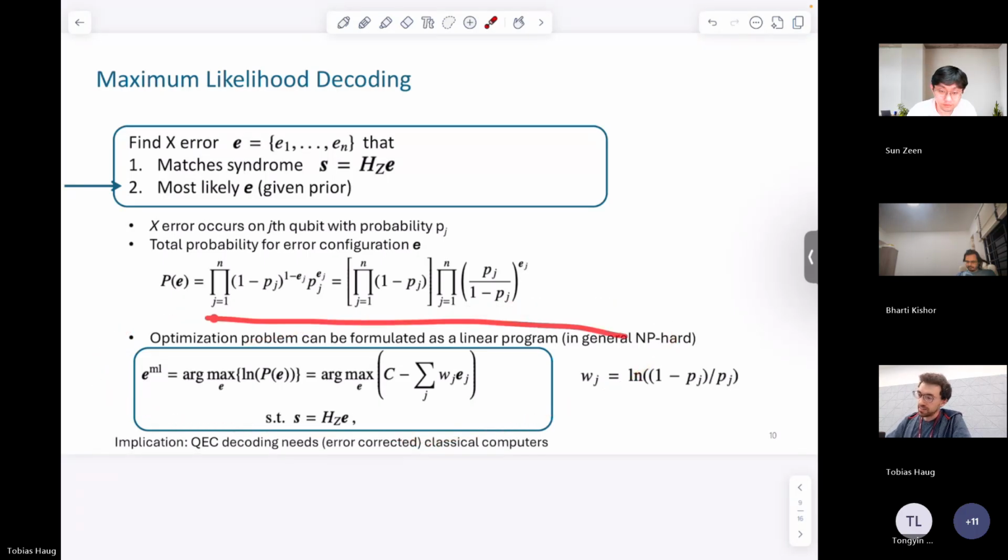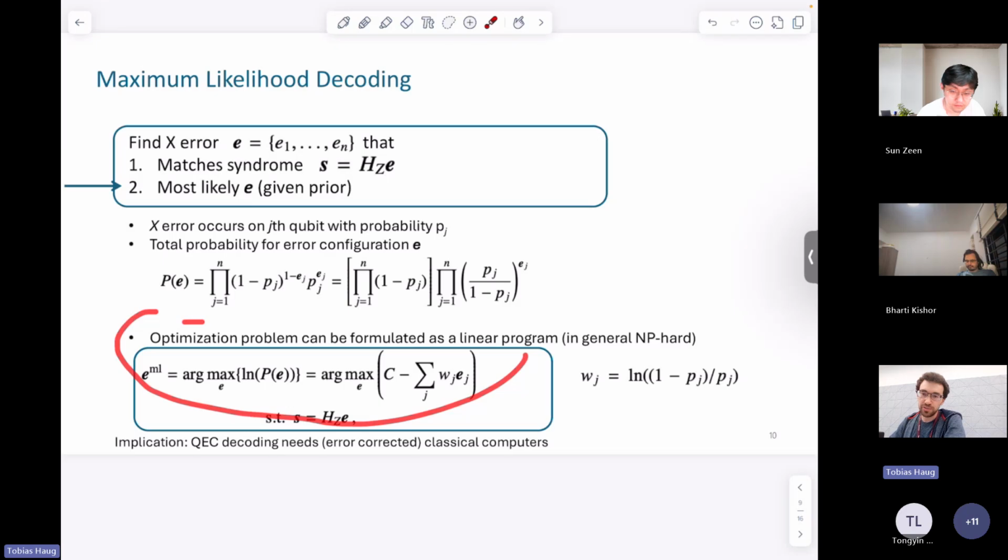So we need to run an optimization problem on a classical computer, and this classical computer needs to have error correction inside. Because if we have a classical computer without error correction, then probably it will not solve this optimization problem correctly. And you can show that using Clifford operations that one can easily run transversally, this optimization problem cannot be solved.